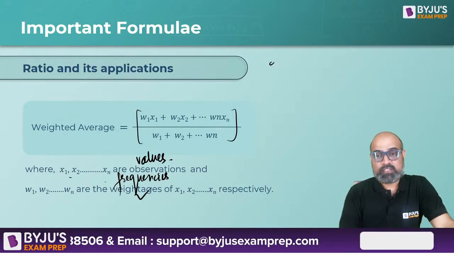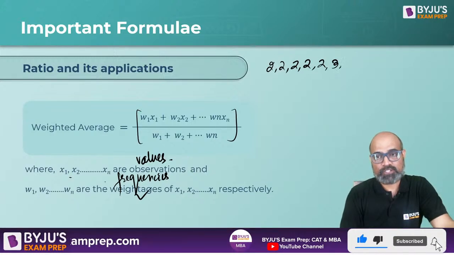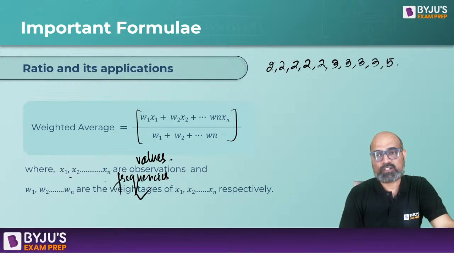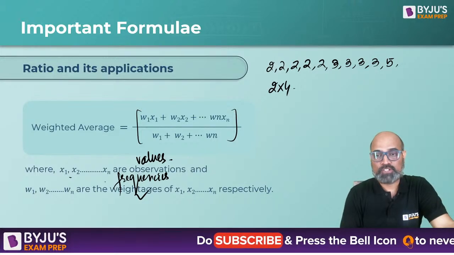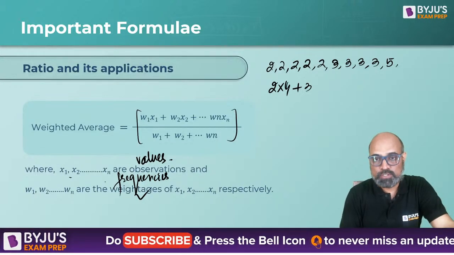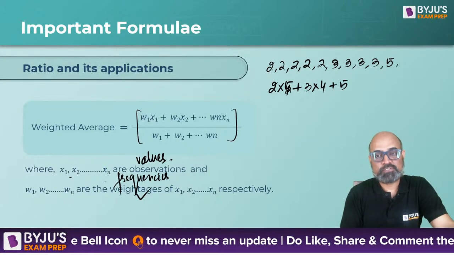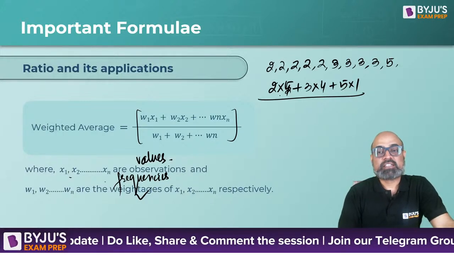For example, suppose it's given that 2 occurs 5 times, 3 occurs 4 times, and let's say 5 occurs once. What is the average of these values? So you will say 2 into 5, since 2 occurs 5 times, 3 occurs 4 times, and 5's weightage is only 1, divided by the sum of weights.